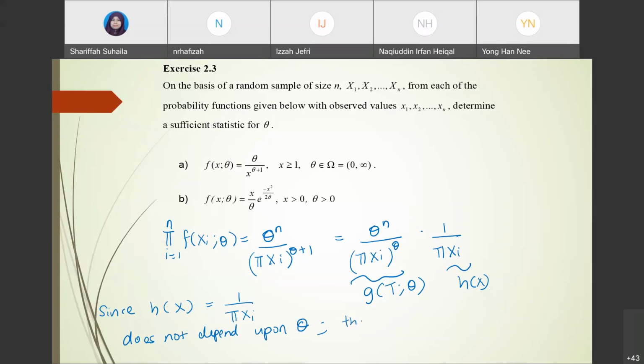Okay. Then by factorization theorem, T dia apa sekarang ni? Product xi ke 1 over product xi is a sufficient statistic for theta. Kamu nak tulis macam mana? Ini theta to the power n over product xi to the power theta. So your T should be apa? Product xi ke 1 over product xi? 1 over, okay, sebab dia kat bawah.